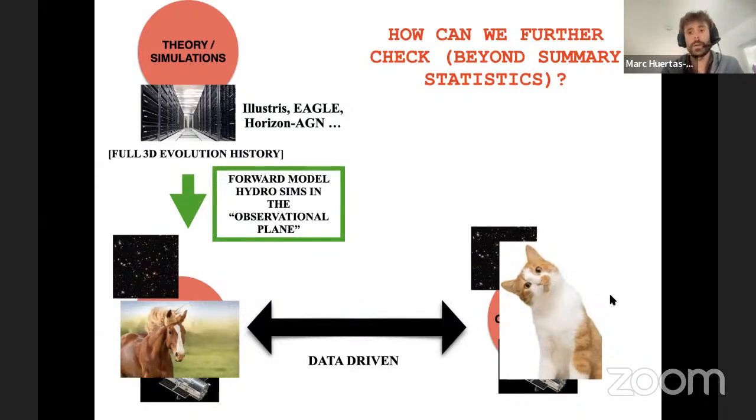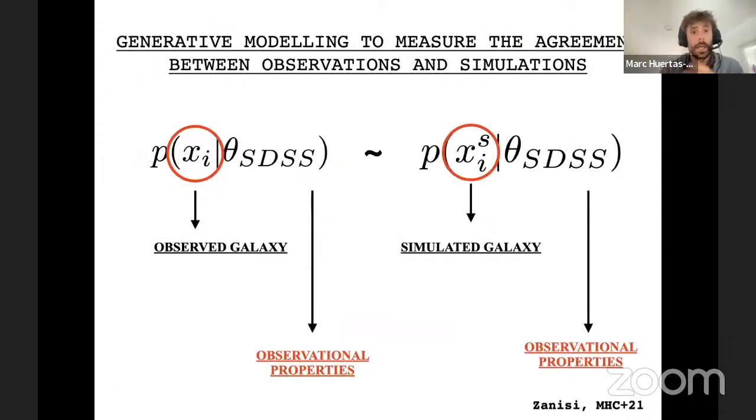Do they contain the same diversity? To do that, you need to go beyond supervised learning, and you can do this with generative modeling. This is work done with a student this year.